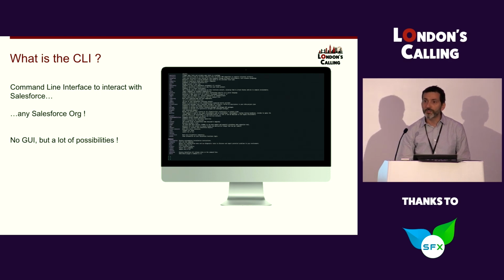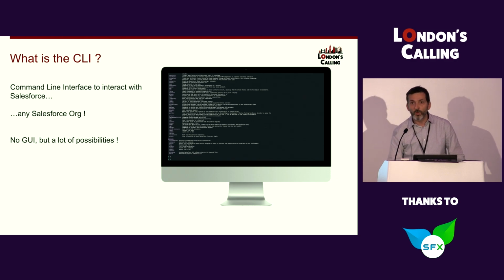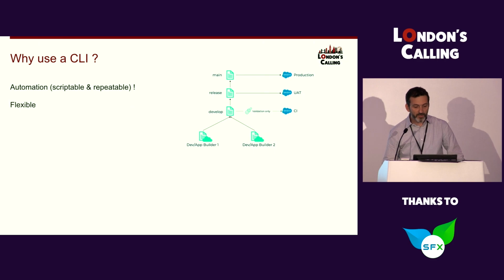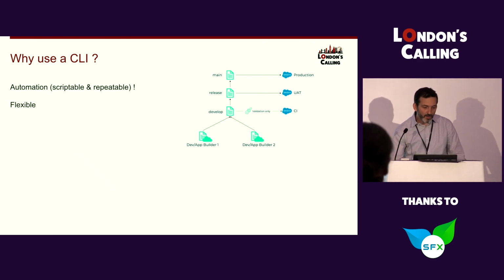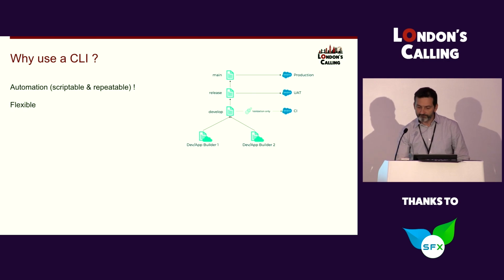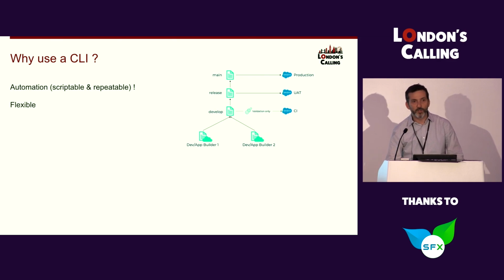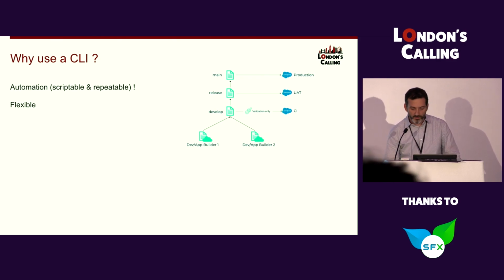But why use a command-based tool when we have a Lightning experience? The main reason is automation. The CLI is not good looking, but very useful, as we said, and it's created to make life easier for developers, especially to automate repetitive tasks like run tests, install packages, create scratch orgs, and so on.